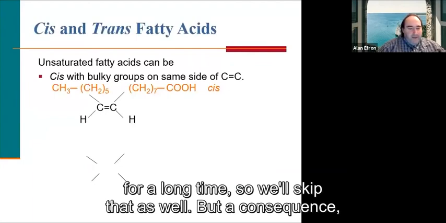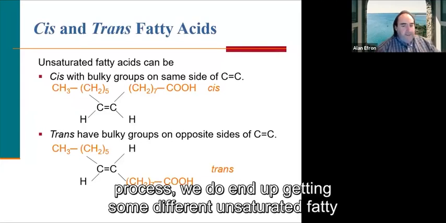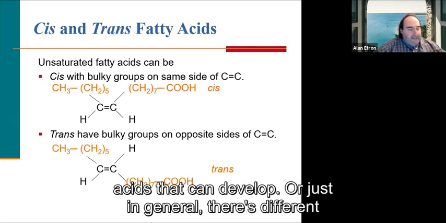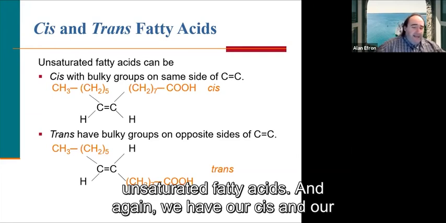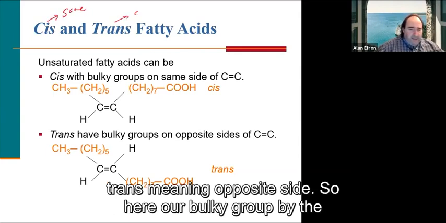But a consequence of this process of hydrogenation is that we do end up getting some different unsaturated fatty acids that can develop, or just in general, there are different unsaturated fatty acids. And again, we have our cis and our trans. Just like in organic, cis means same side, trans means opposite side.